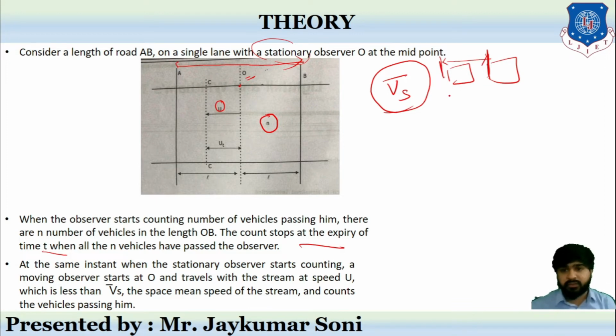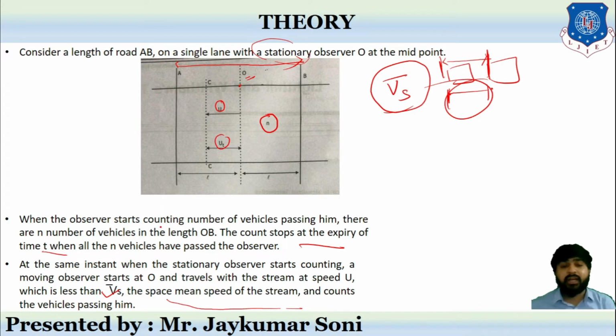The time taken by a vehicle to cross from this point to this point gives the space mean speed. We learned this in the very beginning of this chapter and in the third chapter also. So ut is always less than Vs, the space mean speed of the stream.